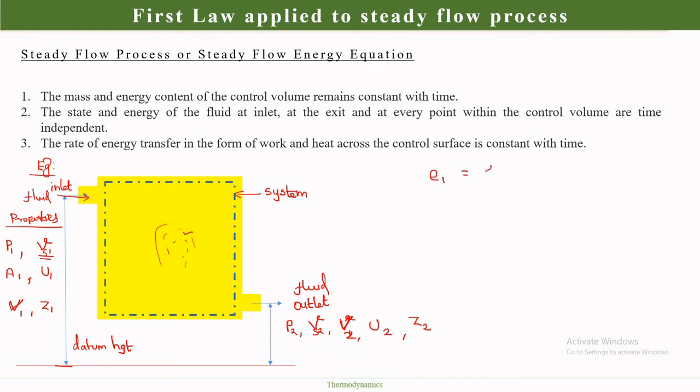Now with these properties we can relate, according to the first law of thermodynamics, that energy getting in is equal to energy getting out. Energy can neither be created nor destroyed, but can only be transferred from one form to another.